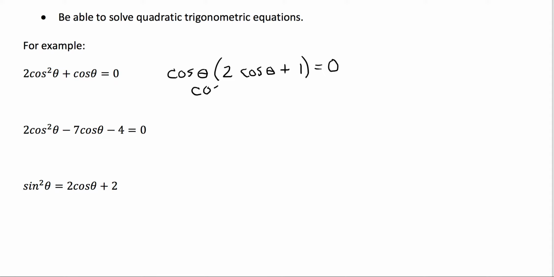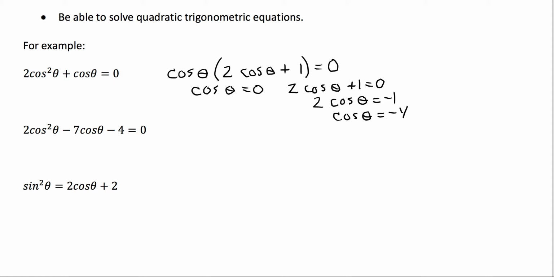So we've got cosine theta equaling 0, and we have 2 cosine theta plus 1 equaling 0. We're going to look at solving each one. The first one's actually solved for us. The second one, I'm going to subtract the 1 from both sides and then divide by 2.